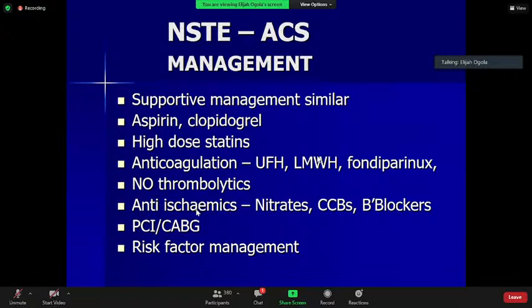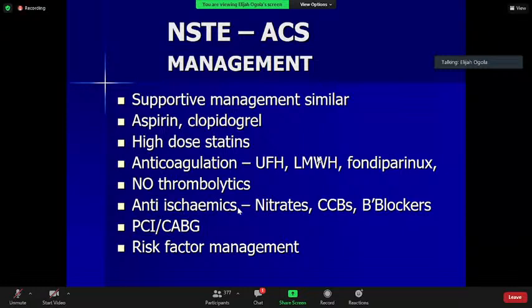So the antithrombotic treatment is between antiplatelets, as we've already mentioned, and anticoagulation: unfractionated heparin, low molecular weight heparin, sometimes something called fondaparinux.